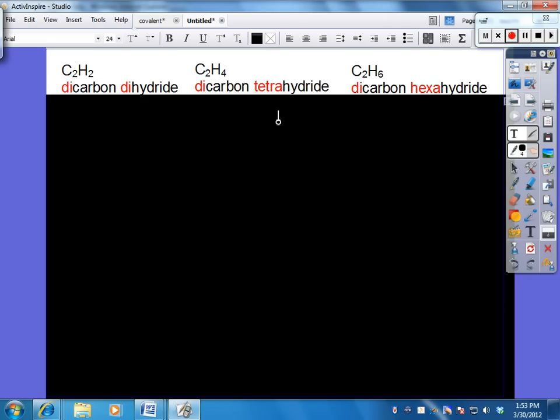So the way you're going to name these are by naming them all carbon hydride, but then putting in numbers for the prefixes. So C2H2 becomes dicarbon dihydride, C2H4 becomes dicarbon tetrahydride, C2H6 becomes dicarbon hexahydride.